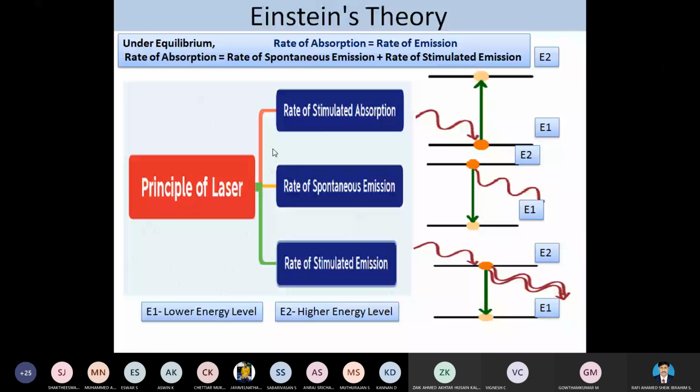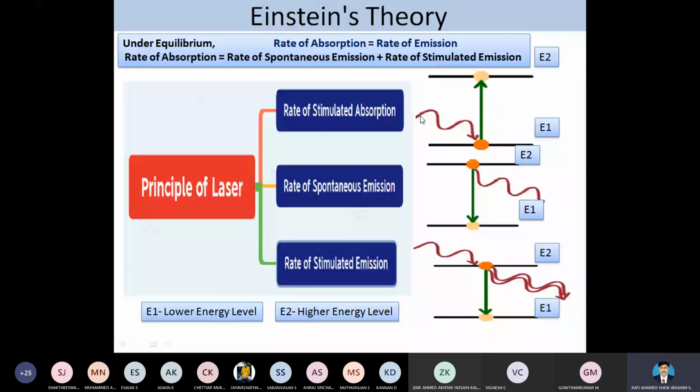Let's start. From this slide, we can understand that the principle of laser is based on three processes: stimulated absorption, spontaneous emission, and stimulated emission. Here I have shown the schematic diagram. This first diagram is for the rate of stimulated absorption.